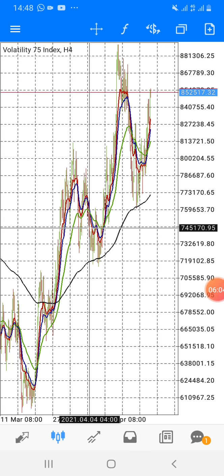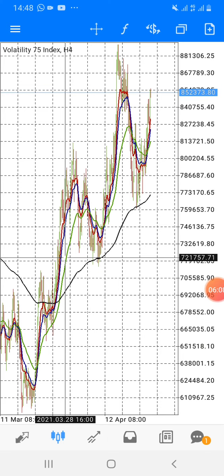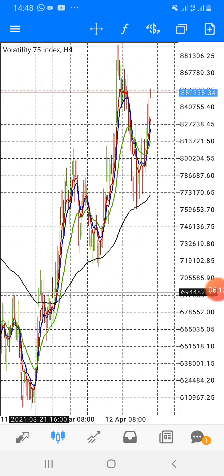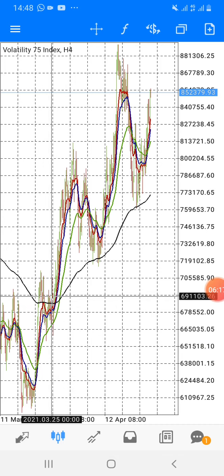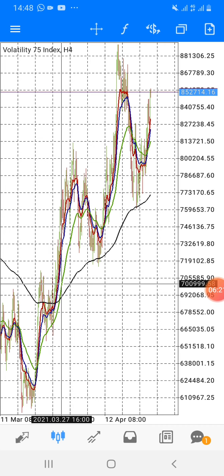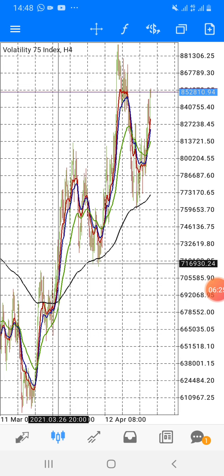And we are going to say once the red, the blue, and the green line is now above the black line, we know that we are in an uptrend. As you can see, the moment that we crossed over to be above the black line, these three lines crossed over, we were now in an uptrend all the way, right?